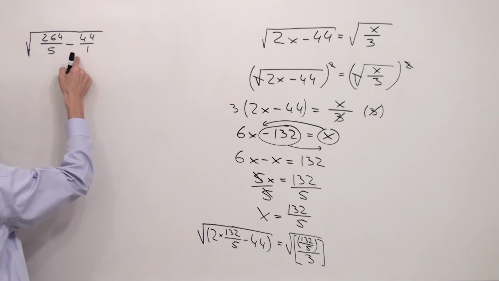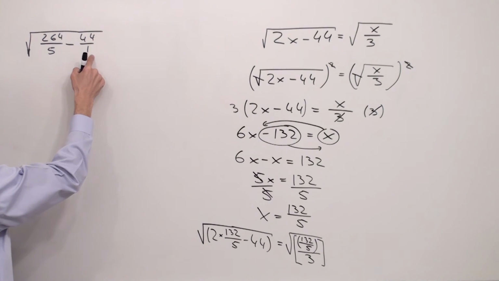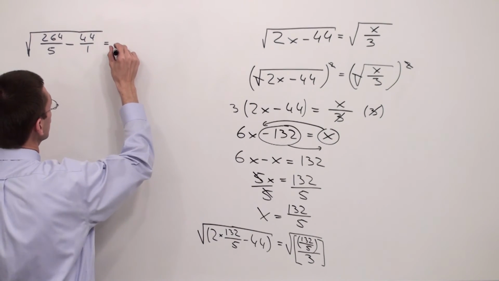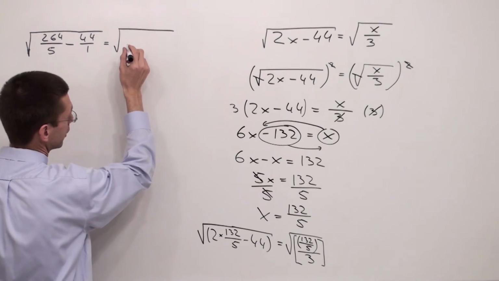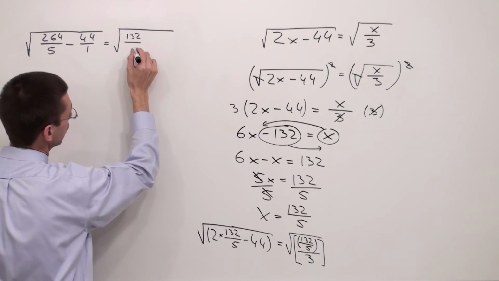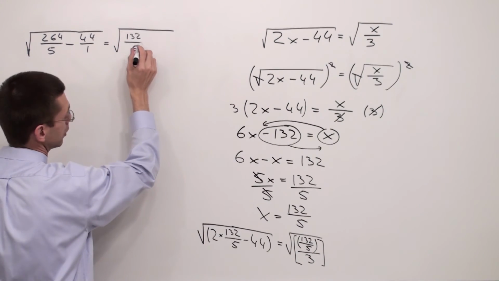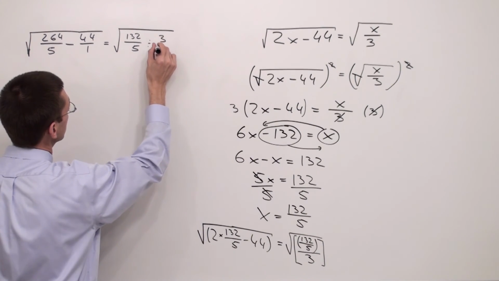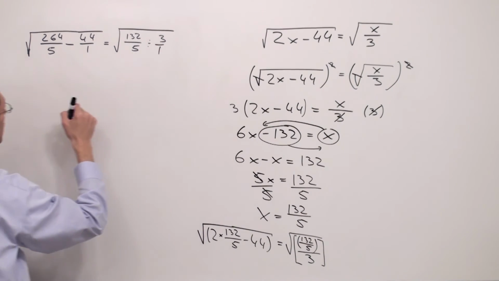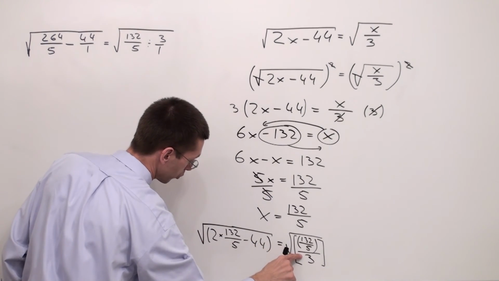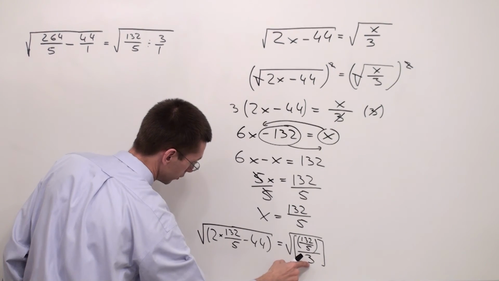Because I'm dealing with fractions, I convert 44 to a fraction. Equals square root of 132 over 5 divided by 3 over 1. Okay, because the fraction bar represents division.